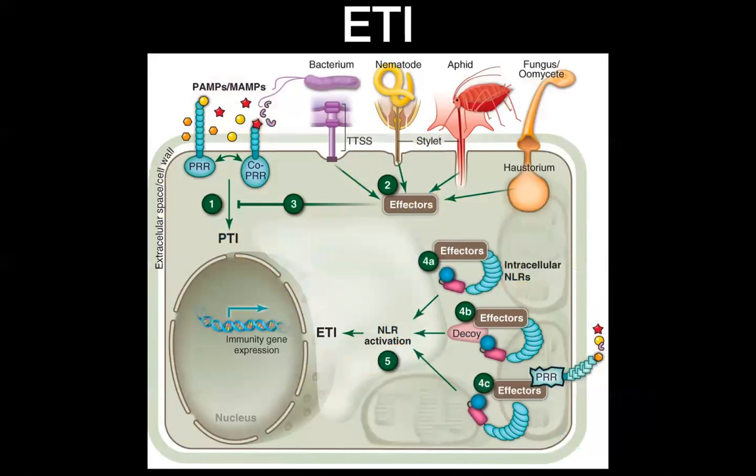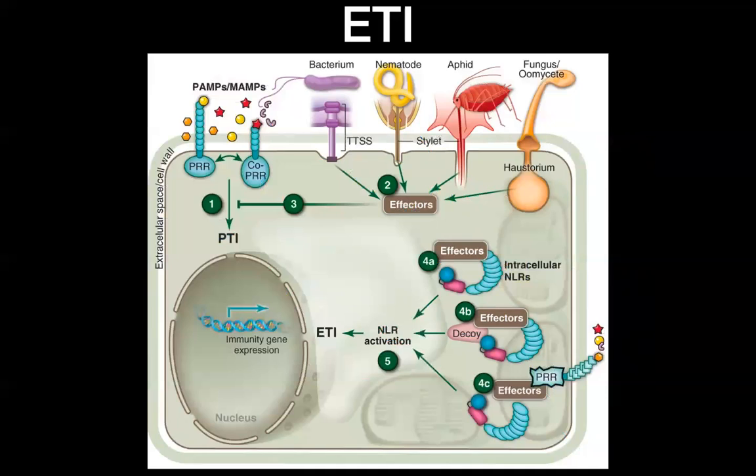There are other things that can go on, and when they go directly inside the cell, that's the effector-triggered immunity. So the TTSS, that's the type 3 secretion system, which is basically just a fancy kind of syringe that bacteria use to bypass the cell membrane. They'll produce kind of a little pilus, a little syringe-like structure, and they can directly inject different molecules and proteins into the cell.